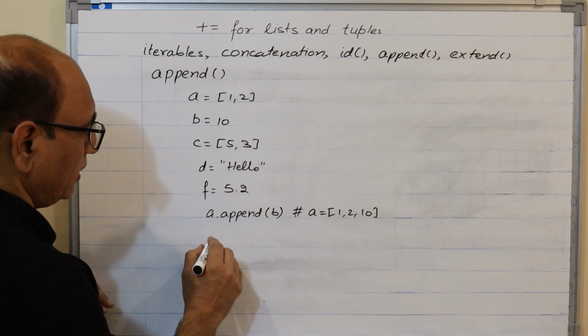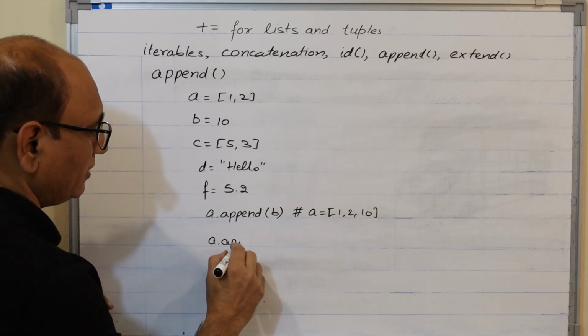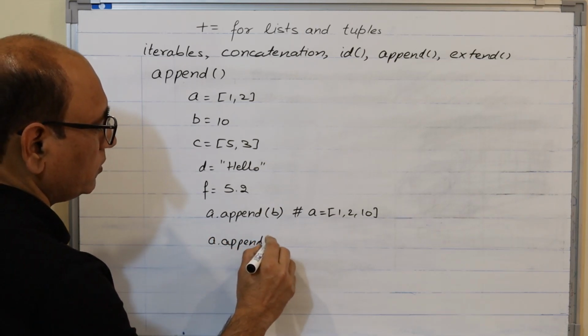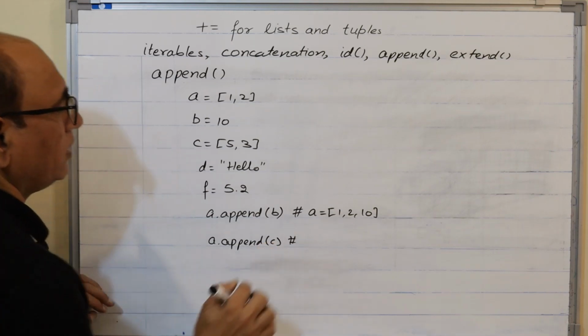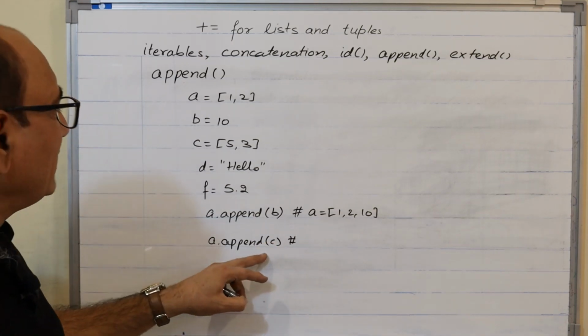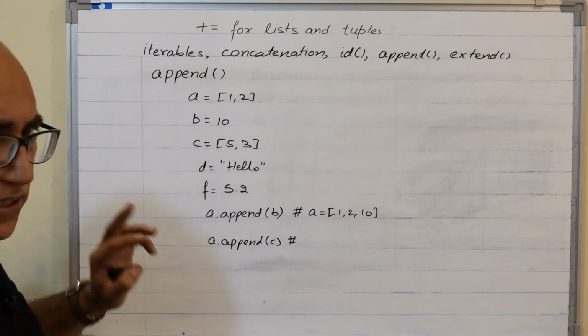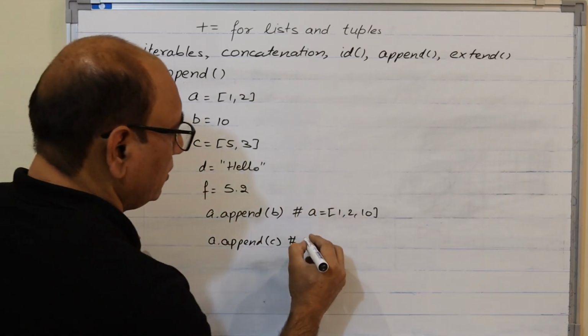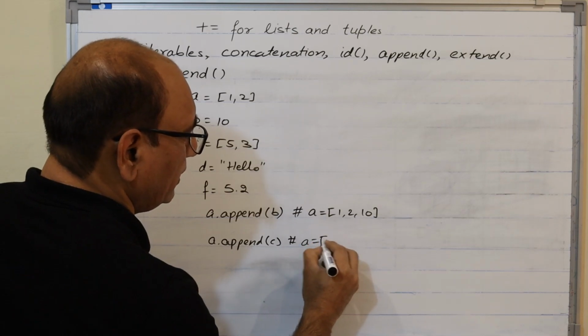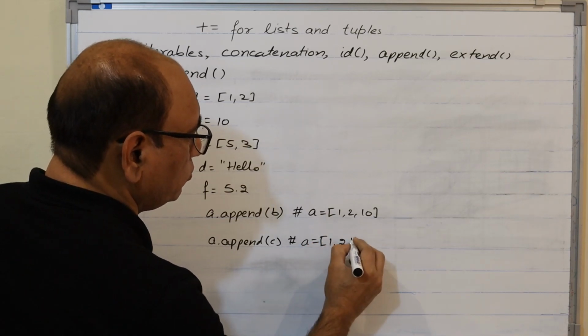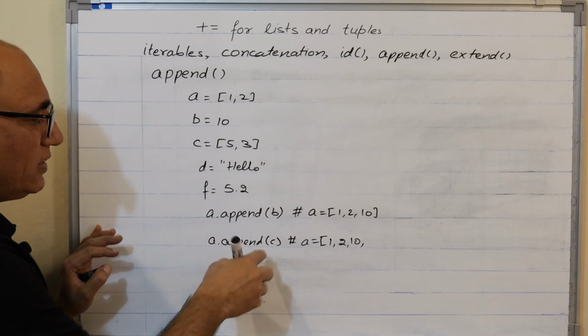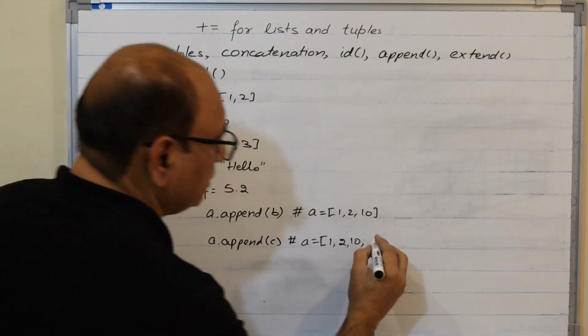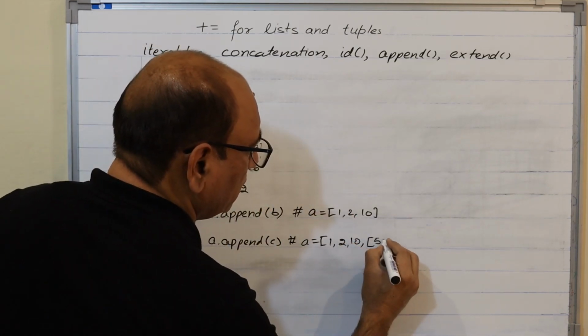Similarly, if I say A dot append C, now C will be appended as an object to the list A. Now A already contains 1, 2, 10. Now A will contain the elements 1, 2, 10 and another element C, which is a list containing 5, 3.